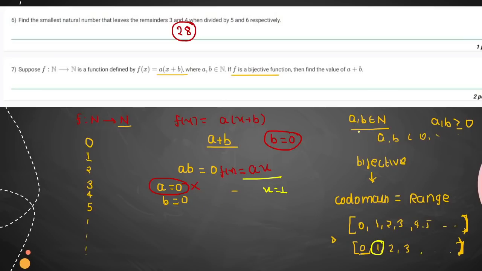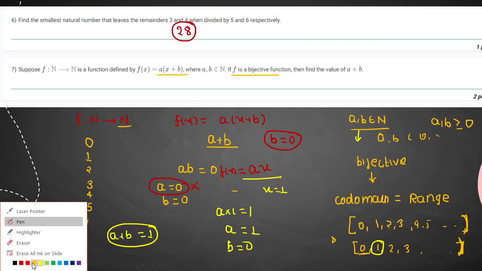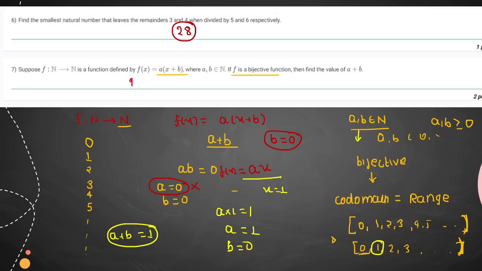So since a is also a natural number, its output should be equal to 1. So from here a times 1 should be equal to 1. So a will be equal to 1 and b was equal to 0. So a plus b will be equal to 1. So for question number 7, the answer will be equal to 1.